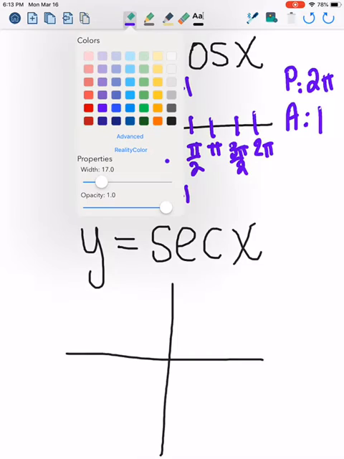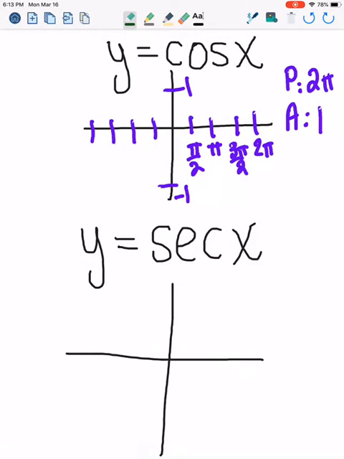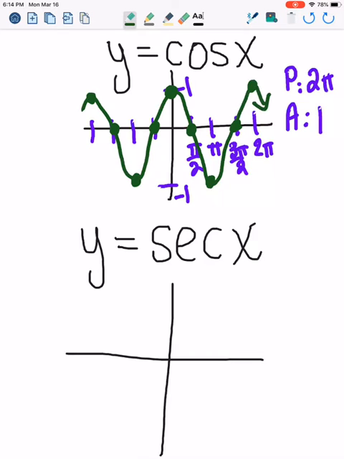And what does cosine do? Well, it starts up at the amplitude and then it goes midline, down, midline, up. And it's very symmetrical. It does the same thing. And what letter should we be seeing? We should be seeing a W.